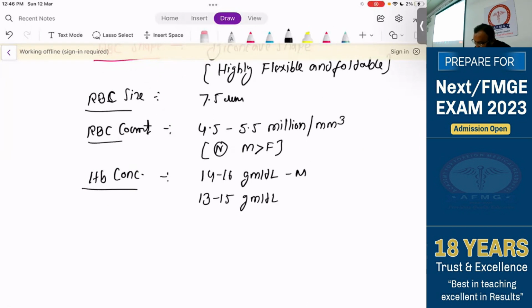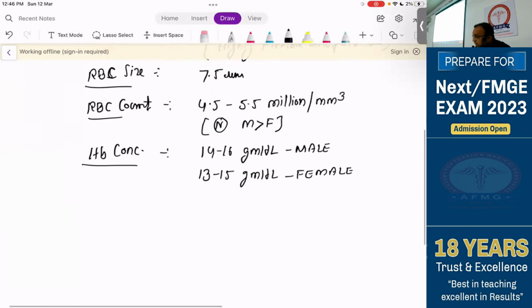So this is for male and this is for female. These are the normal parameters which we must know, so that we can now understand what abnormality could be seen in any RBC.